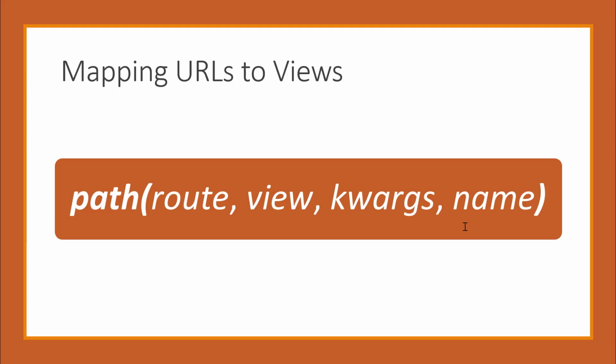The very first parameter in the syntax of the path function is route, which is used to define the URL. The second parameter, view, is used to define the view which will be linked to the given URL. Then there are keyword arguments, and by default the value for kwargs is None, and in the last we have the name parameter which is used to define the name of the view.